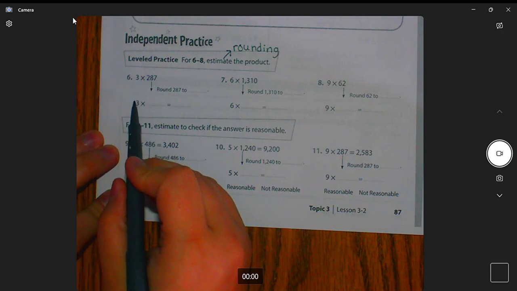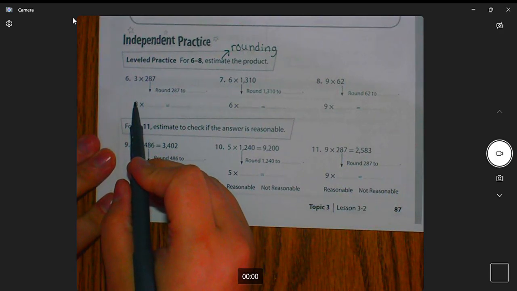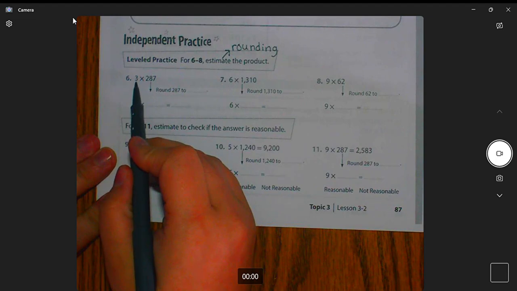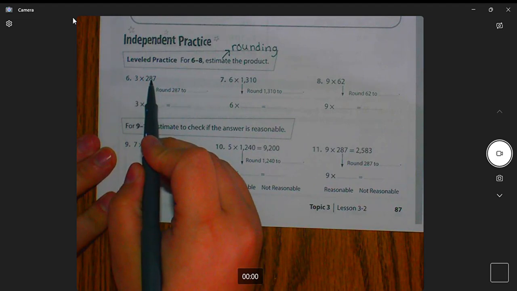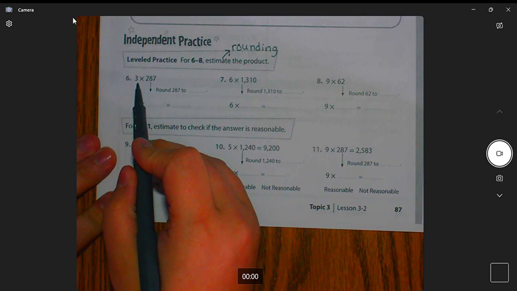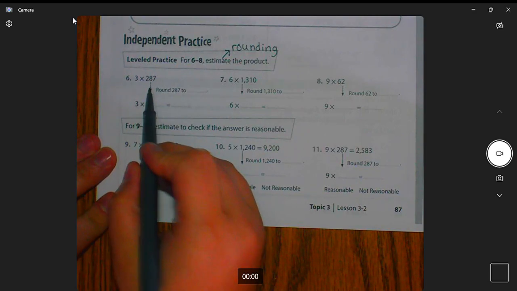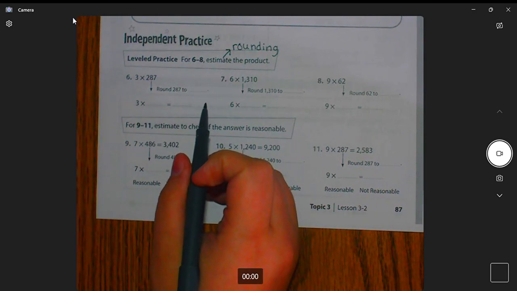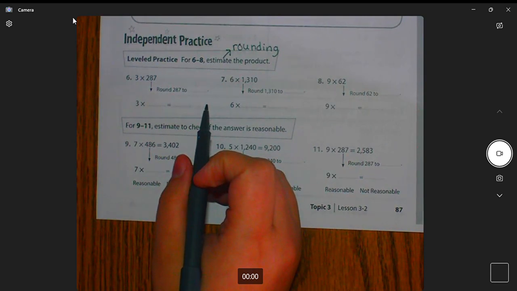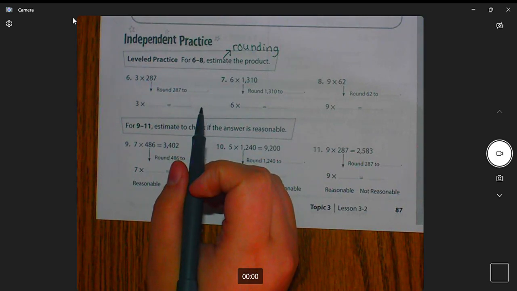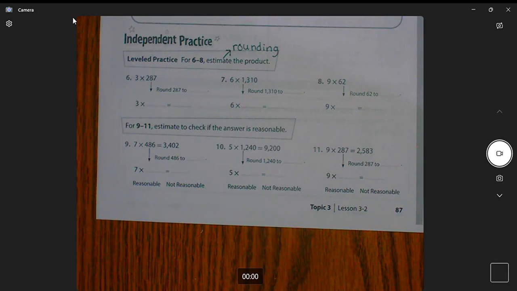When I'm starting out with multiplying products, I'm always going to have a single-digit factor and a multi-digit factor. The single-digit factor will never change. So I can go ahead and bring that down to my problem. 287. I think to help myself, I might round to the nearest 100.